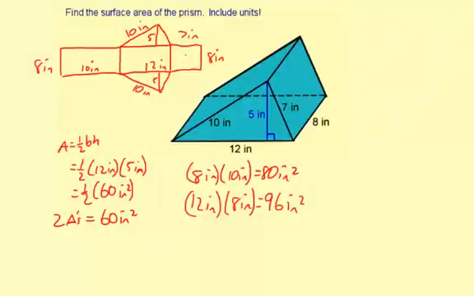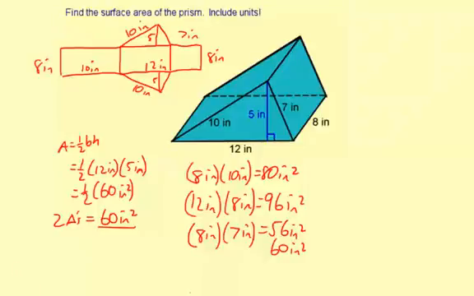And then we have this rectangle here on the right side that's 8 by 7. So that's 56 square inches. And then we also have the 60 inches from over here. So now we need to add all of these, and that'll be our final surface area.